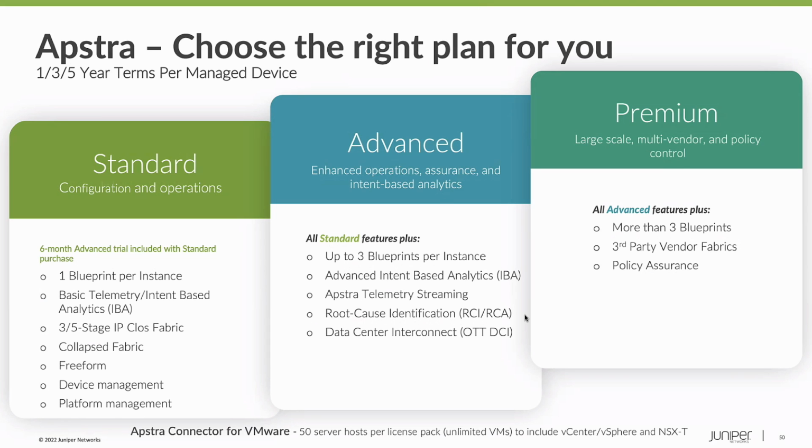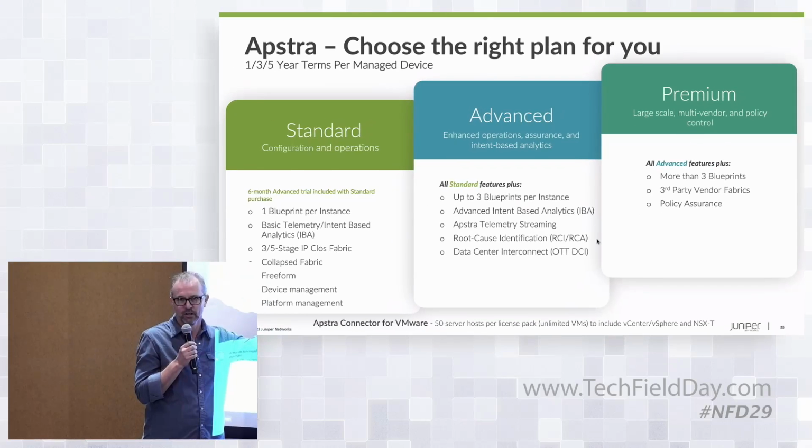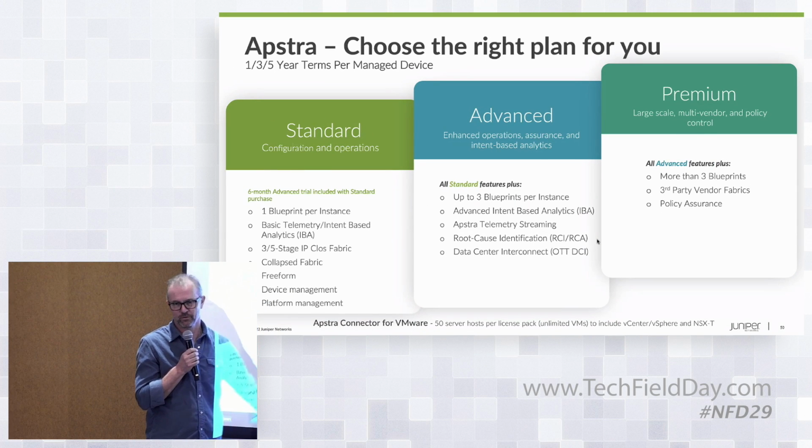You do get to take advantage of things like device management and platform and OS upgrades, and be able to manage a topology and take advantage of rollback for a really low price, but we'll let you try this stuff out for a while and see if it sticks and see if it's the right thing for you.